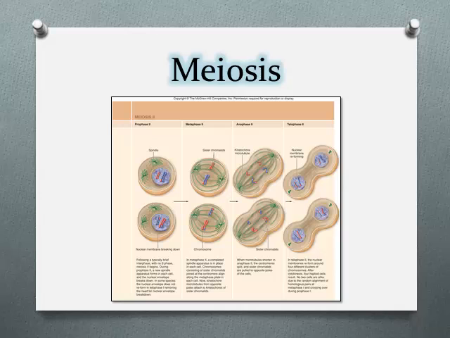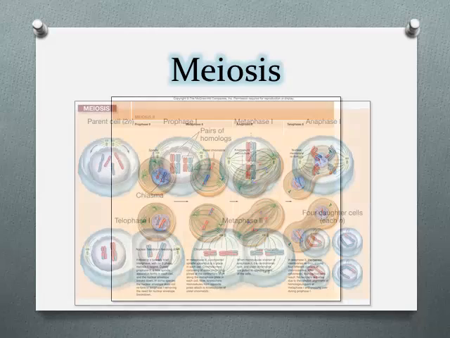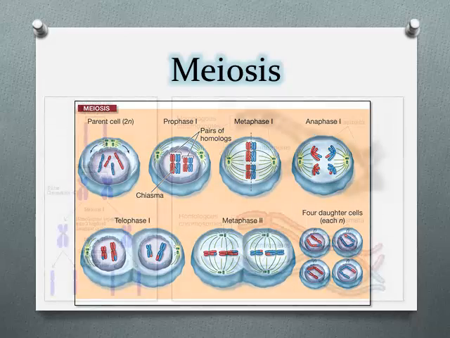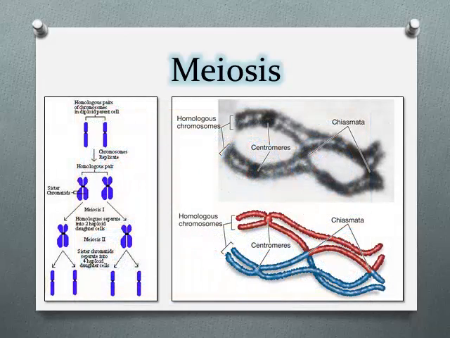Pieces of the homologous chromosomes break off and switch places. The phenomenon is called crossing over. This increases genetic diversity, which results from sexual reproduction. Here you can see the breaking of the homologous chromosomes. And that, my friends, is mitosis and meiosis.